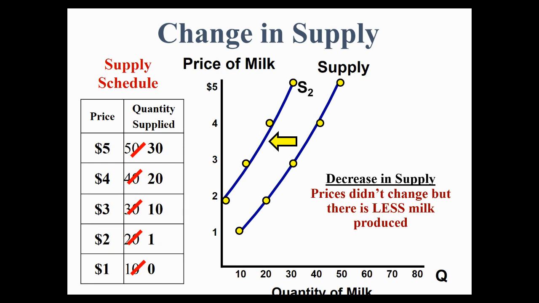Once again, please remember, and I'll say this again and again and again, there is a difference between a change in quantity supplied versus a change in supply. Remember, a change in supply is a shift, and a change in quantity supplied is because we have a change in price that led to that change in quantity supplied. So that's a slide on the exact same curve.